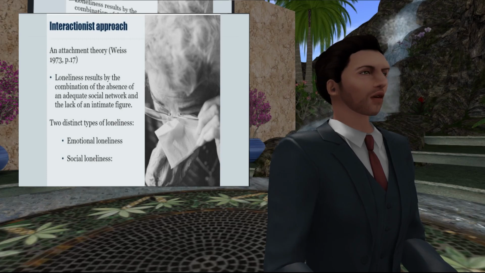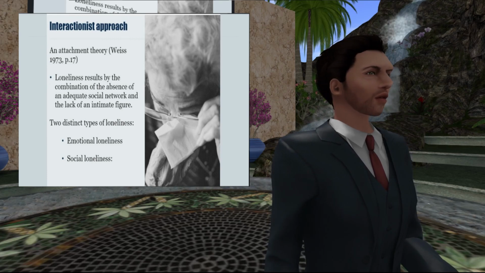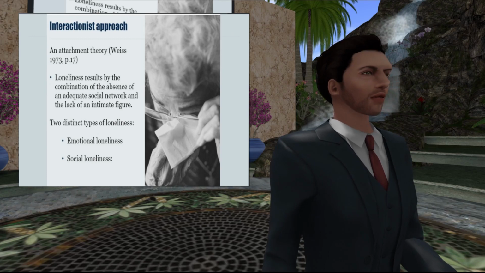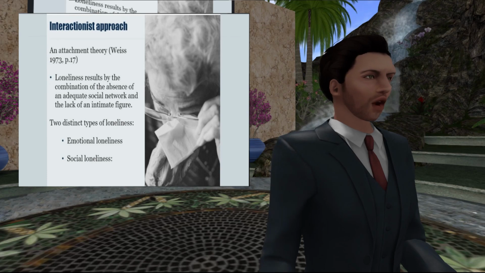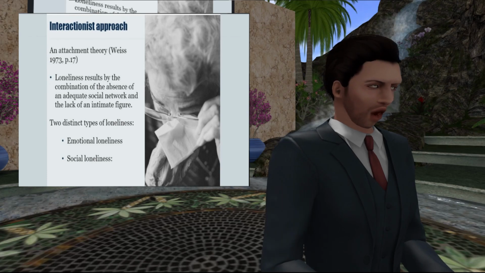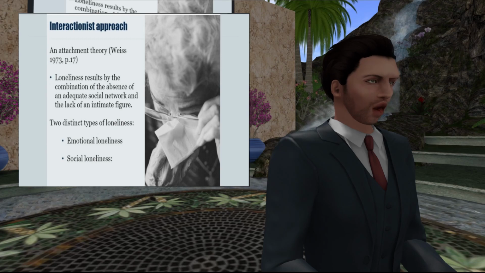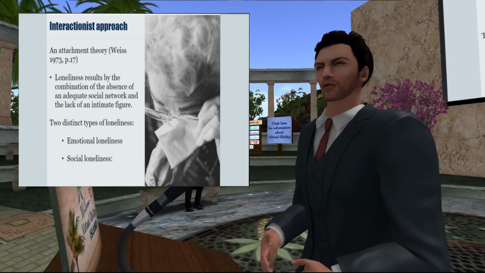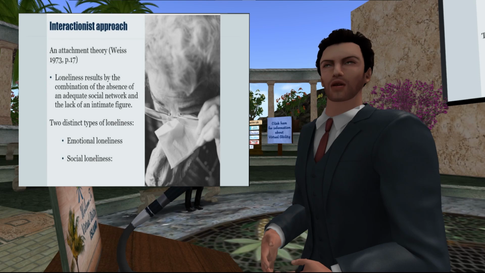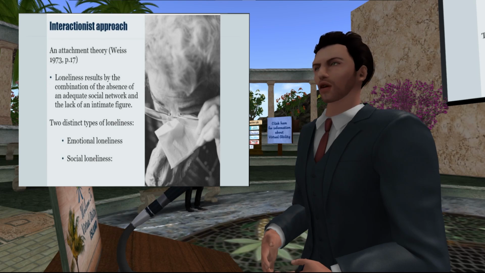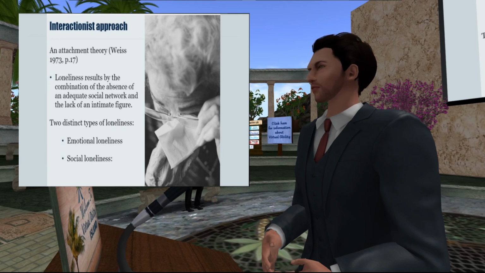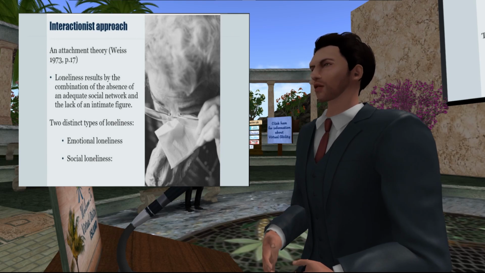About the emotional loneliness, just before I progress, another of my passions is emotional intelligence. And we know, and this is statistics, it might vary, but for example, in terms of gender, females have a higher emotional intelligence than males. Which means in terms of emotional loneliness, many times females will feel higher emotional loneliness because they give more.